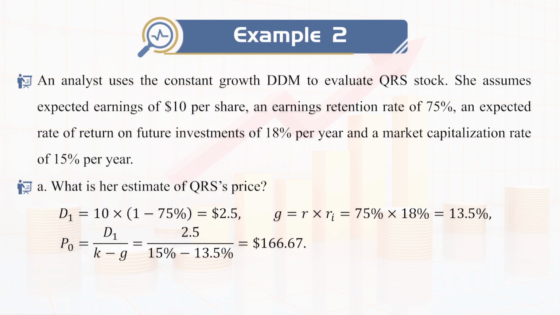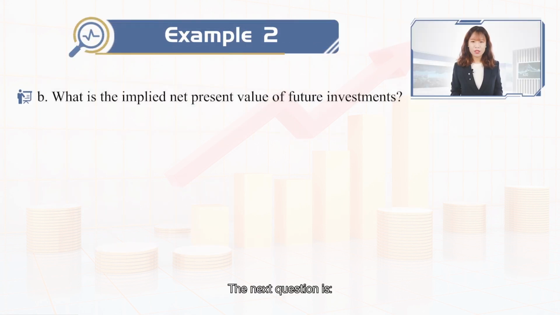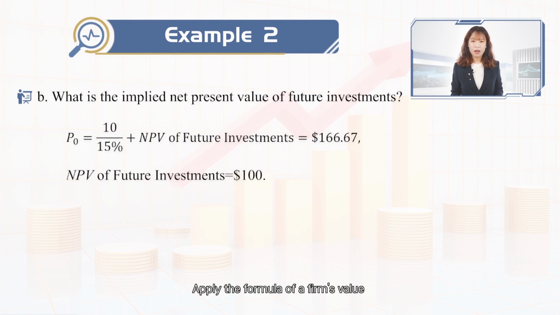So P0 is obtained as $166.67. The next question is, what is the implied net present value of future investments? Apply the formula of a firm's value based on earnings and investment opportunities. P0 is equal to the current earnings E1 over the market capitalization rate k plus the NPV of the future investments.